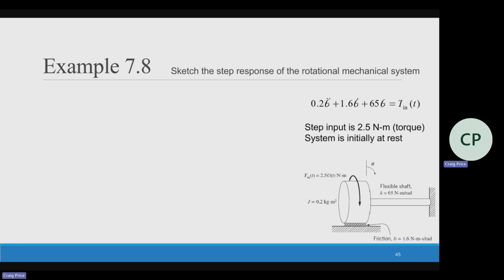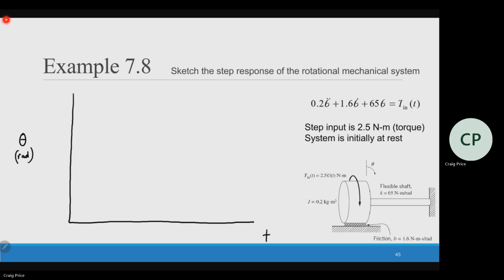Okay, so here's the sketch. This is time in seconds, and this is theta in radians. We're going to start at 0, 0, and I know that my system reaches steady state at 1 second. I know that my steady state value is 0.038 radians.